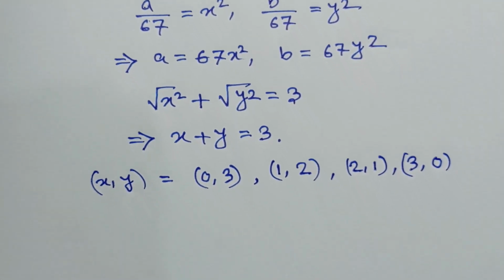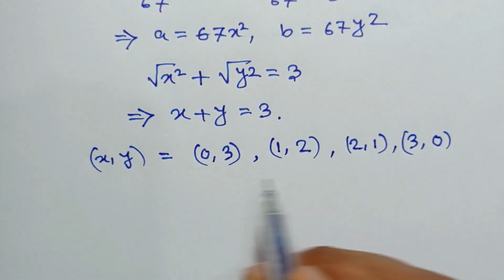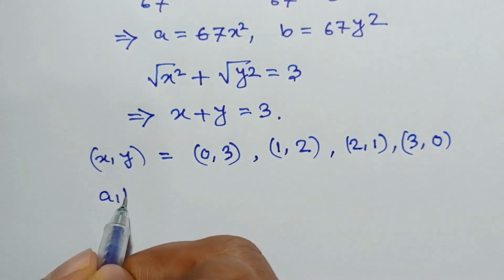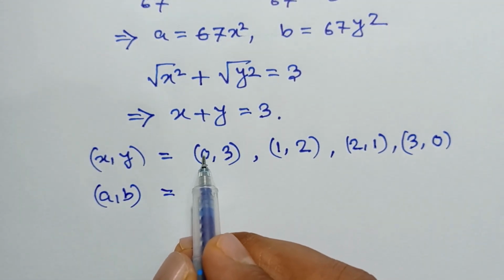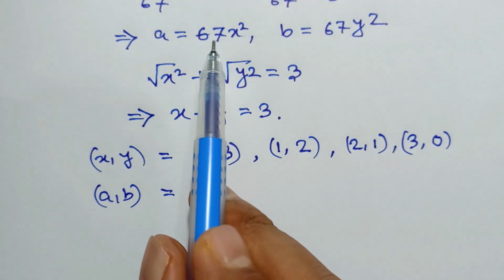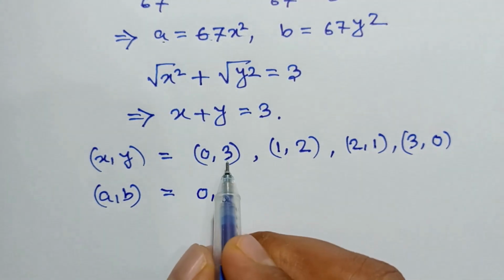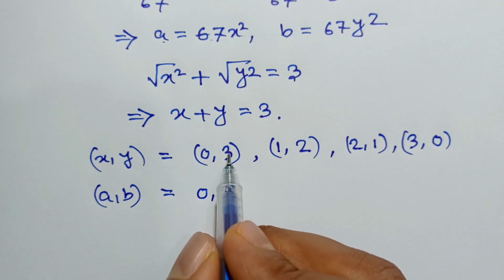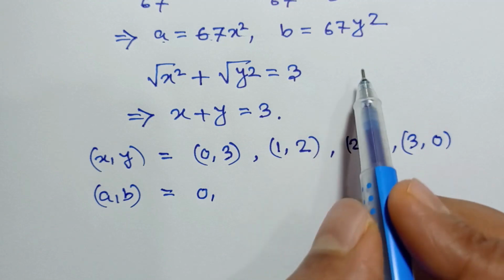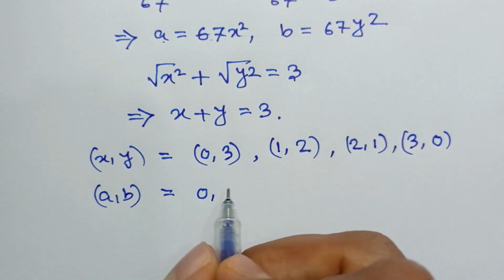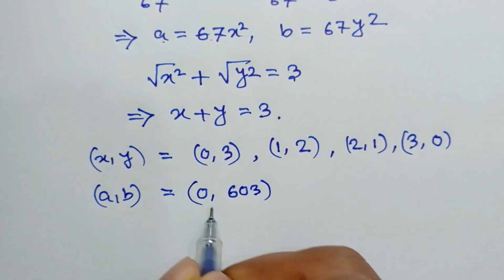For these values of x and y, a and b will be as follows. When x is equal to 0, then a is equal to 0, and when y is equal to 3, then b will be 67 times 3 square, which is equal to 603.